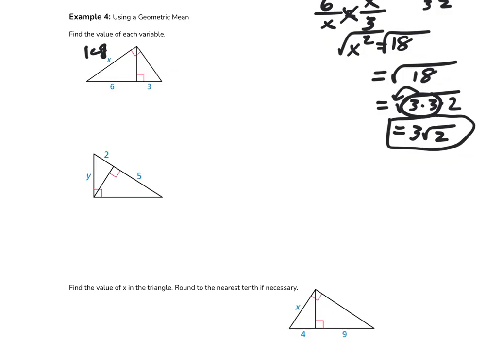And then I'm going to show you a shortcut. x is to 9, because 9 is the length of this whole thing, as 6 is to x.